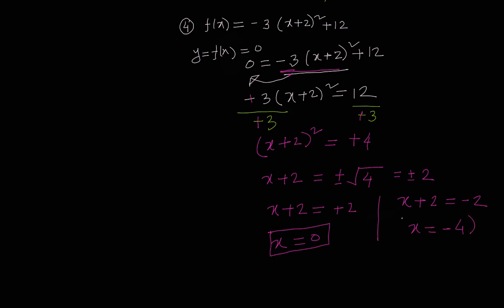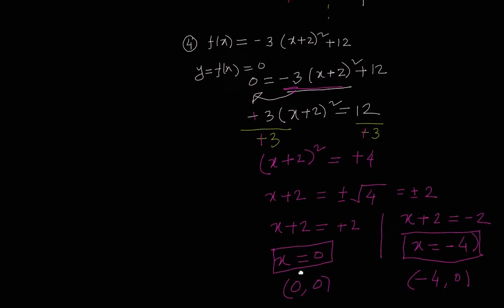So what are my x-intercepts? My x-intercept is x equal to 0, y equal to 0. This is one point, and for the other x-intercept, x equal to -4, y equal to 0. So these are my two x-intercepts.